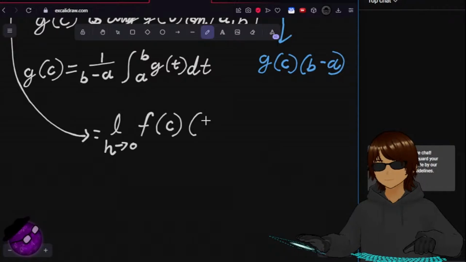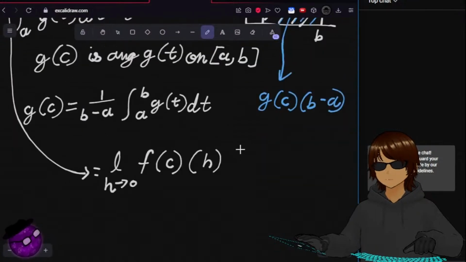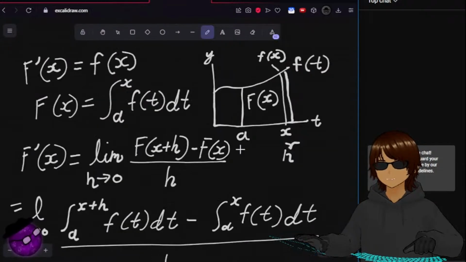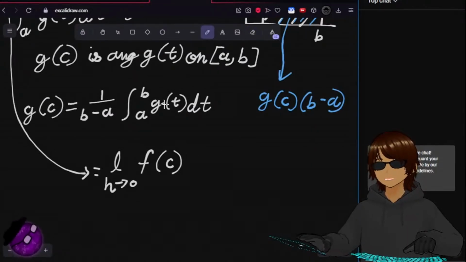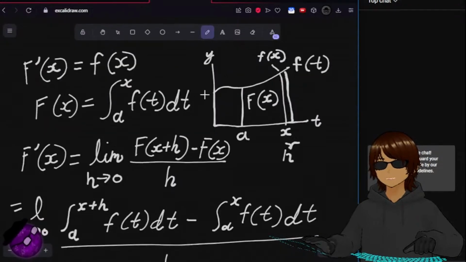Like, I hope you guys understand what I mean. Not times h, sorry. So the average value is the area divided by the interval. Same thing for f. The average value between these two is the area divided by the interval.